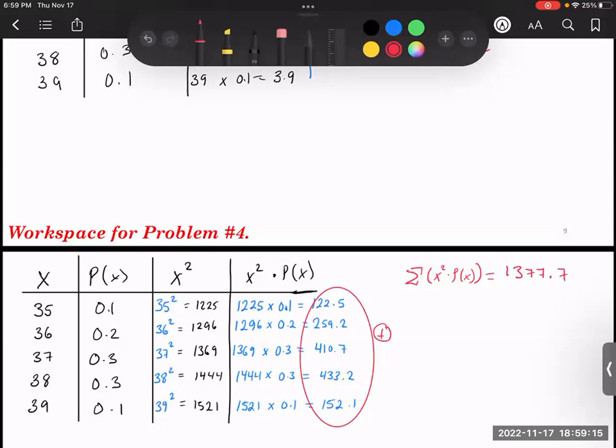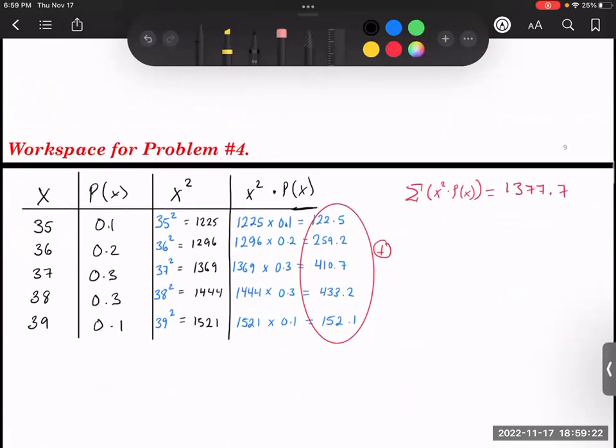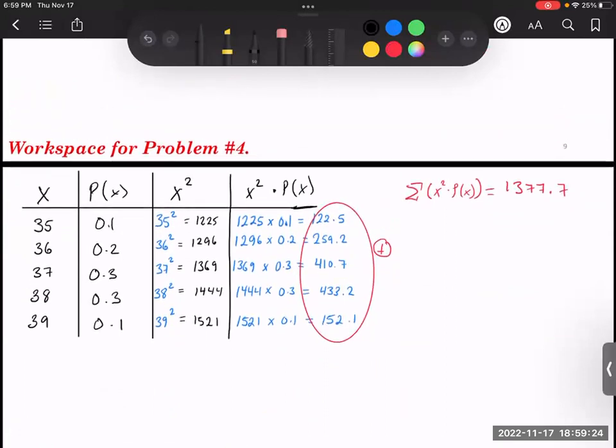It's always been a long day, right? Okay. So now we insert things into the formula. So for the variance, remember this symbol represents variance. This is now going to equal the number that I just wrote above, 1,377.7 minus the mean squared. So I just got to go back and look at what was the mean.